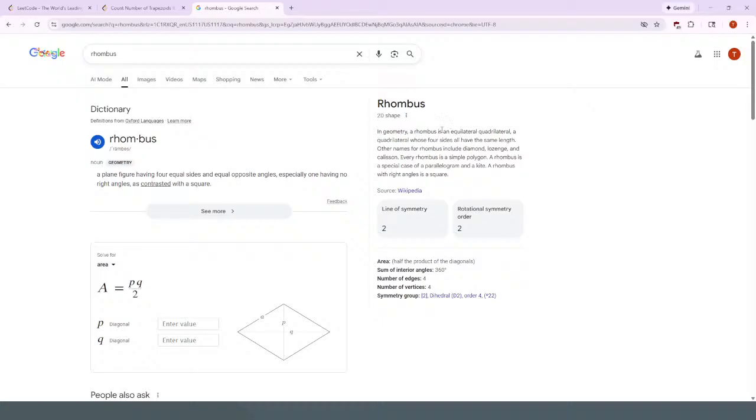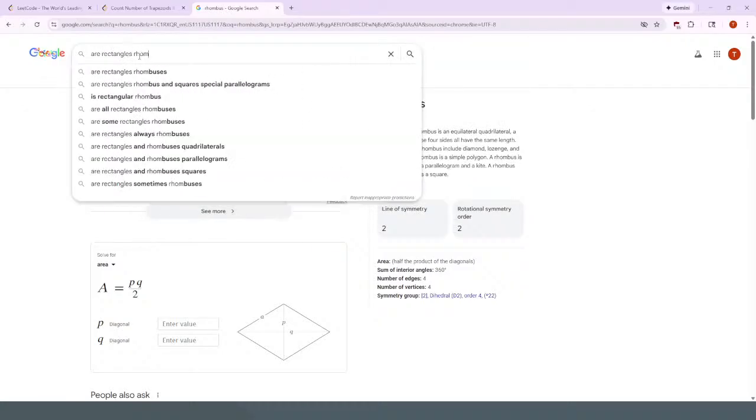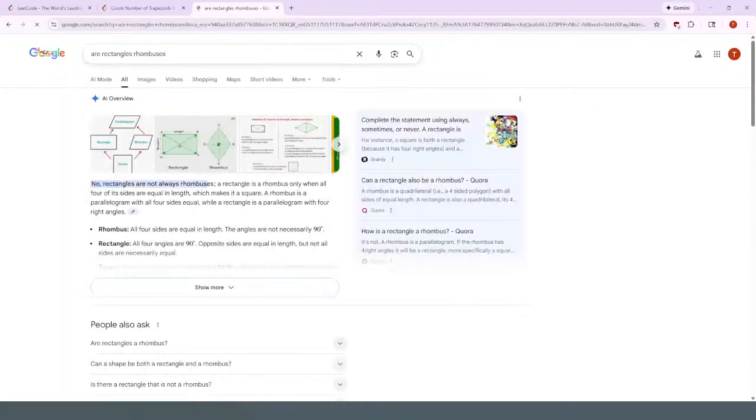A rhombus is an equilateral quadrilateral. Yeah. Rectangles, rhombuses. Or maybe I'm thinking of a parallelogram.